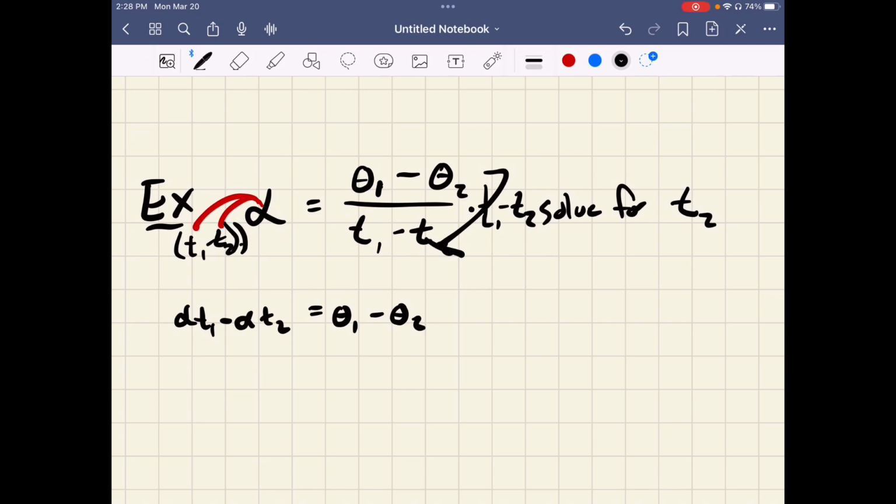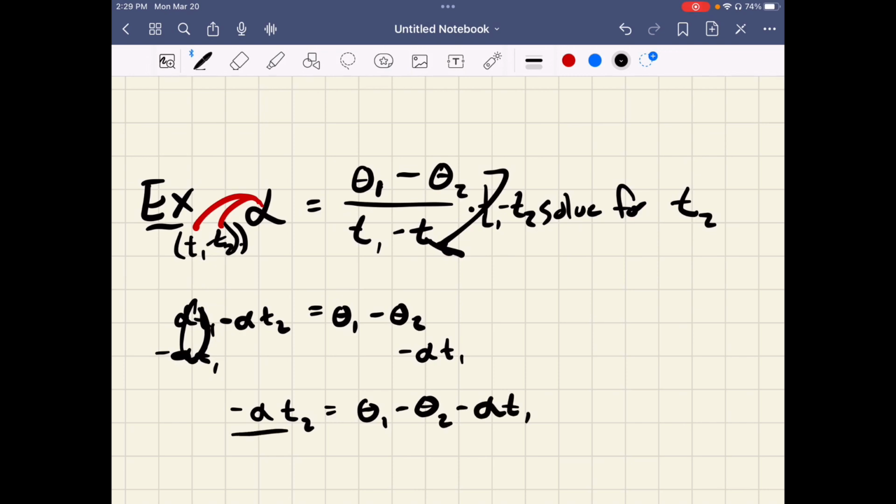So now I made it a little easier to look at, meaning I don't have a fraction, so it's a little less complicated now. But now I'm going to try to isolate the t2 by subtracting the alpha t1 from each side. That gives me a 0, and I have minus alpha times t2 equals theta 1 minus theta 2 minus alpha t1.